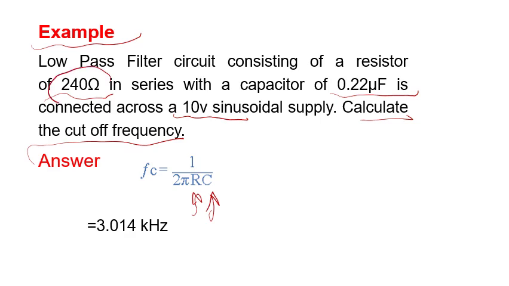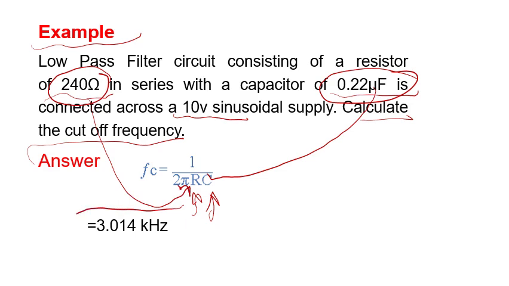The resistor is 240, the capacitor is 0.22 micro, or 0.22 times 10 to the power minus 6. When we substitute both quantities, C and R, you are going to find that the cutoff frequency is around 3 kilohertz.